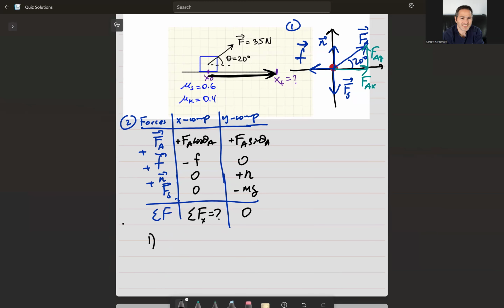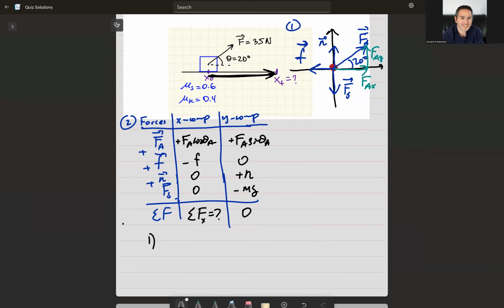So let's calculate that applied force. Well, it is 33 newtons roughly. Okay. Now, is this strong enough to overcome the static friction force? Well, we don't know yet, but we have an equation for the maximum static friction.